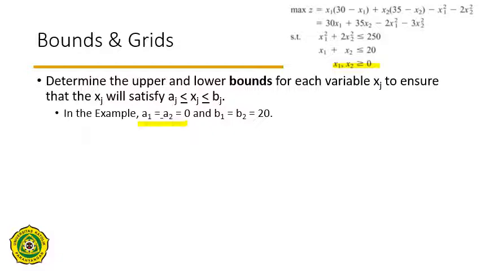Now what about the upper bounds? For the upper bounds, you may take a look at this constraint and see that because the sum of x1, x2 must be less than or equals to 20, the upper bound for x1 and the upper bound of x2 is 20.